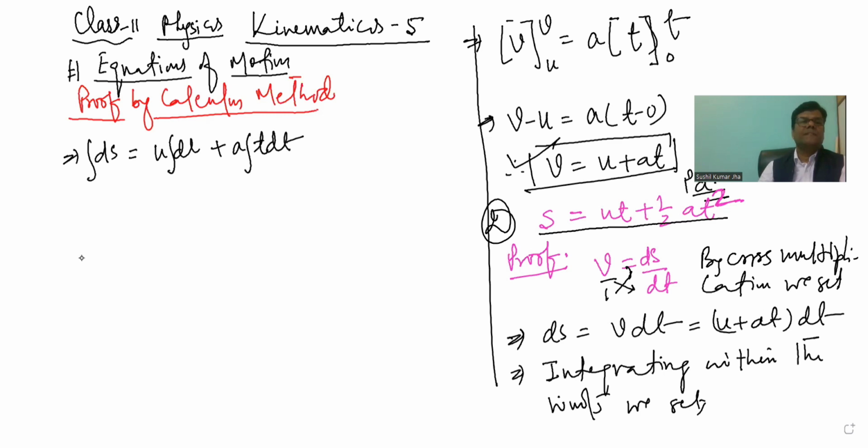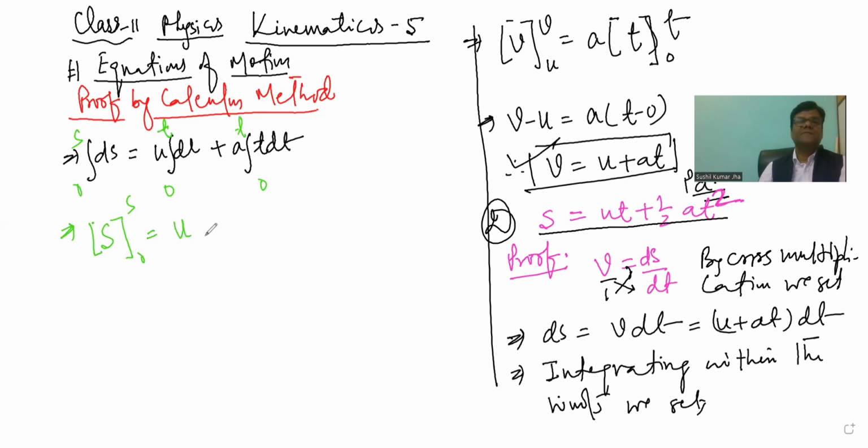Now, if you look at it, ds having s only, so 0 to s. Time having t, so 0 to t. So ds integrated becomes s, then we put square bracket 0 and s.